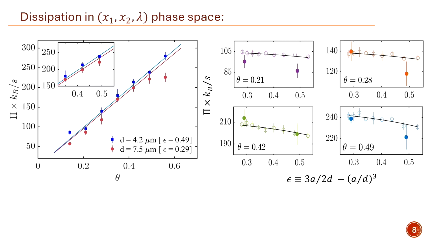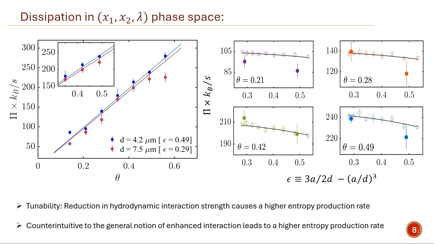It can be understood this way: if the second particle is not there, the current of the first, driven particle is higher than when the particle is close by, because the second particle is actually affecting the motion of the first one in the presence of hydrodynamics here. Also, just by tuning this interaction, by placing the particles at different separations, we can get states of different entropy production rate.